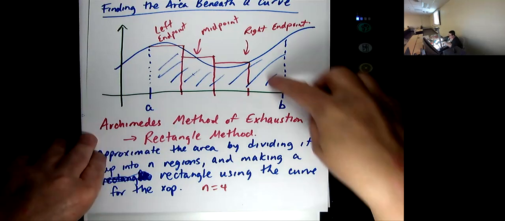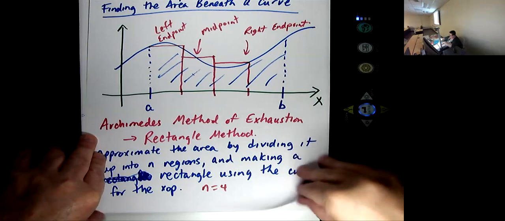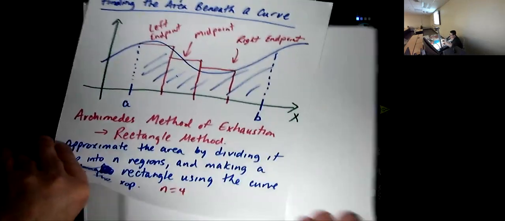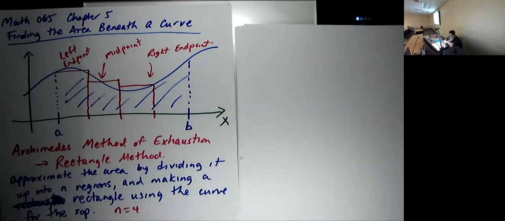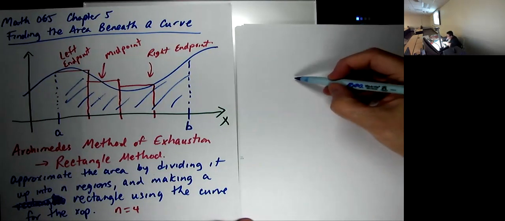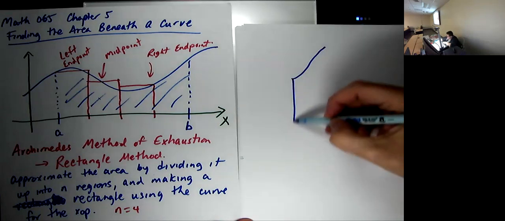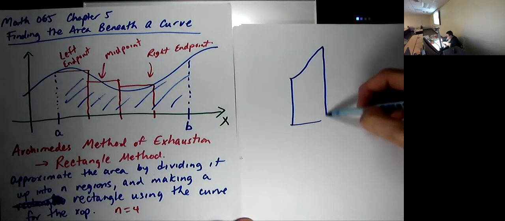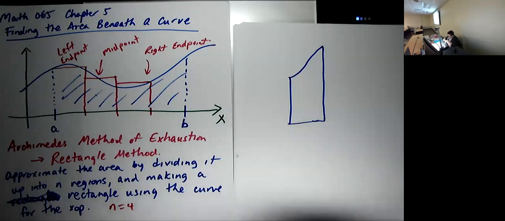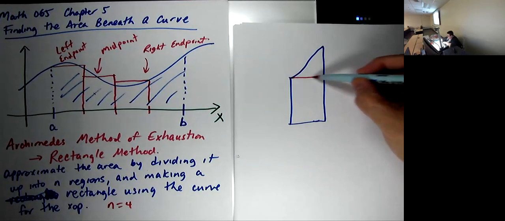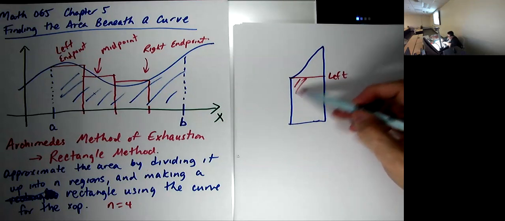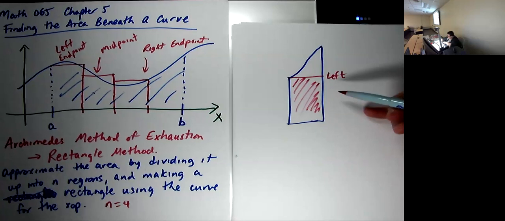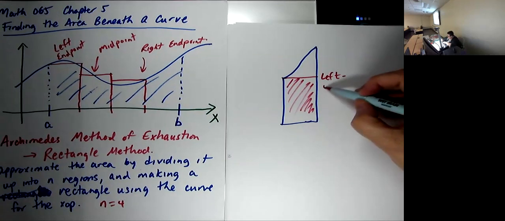And I'm going to grab this last little piece right here and blow it up and point out a little bit. Let's look at that last section. So I had something like this. Depending on what I choose, if I choose the left endpoint, I'm only getting this part. So I'm underestimating the area.